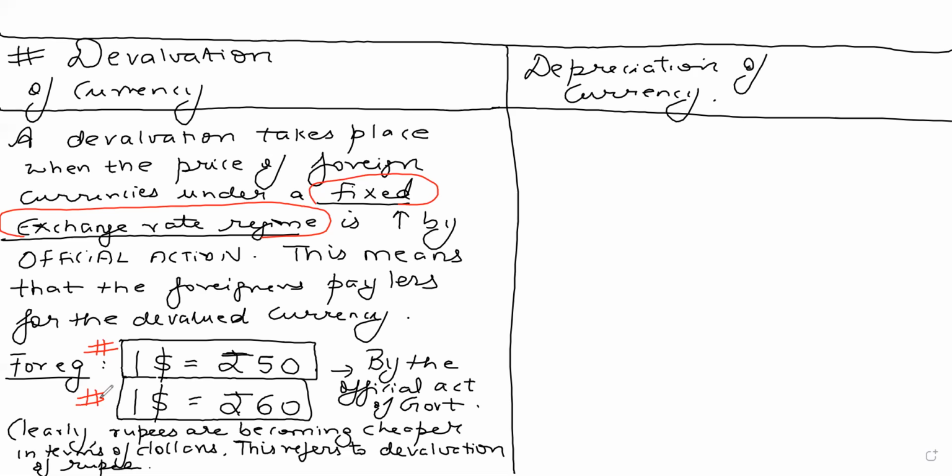That means for the foreigners, rupees have become cheaper, and for the residents of our country, the foreign currency has become more expensive. So I can say that rupees have become cheaper in terms of dollars. Another way of saying it is that dollars have become more expensive in terms of rupees. Both mean the same thing.